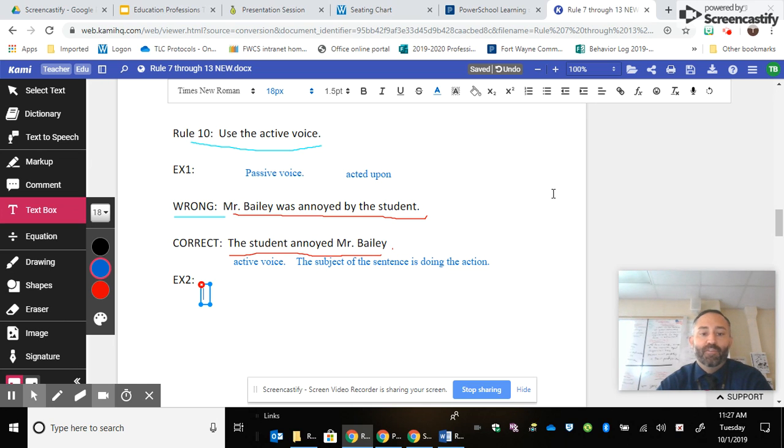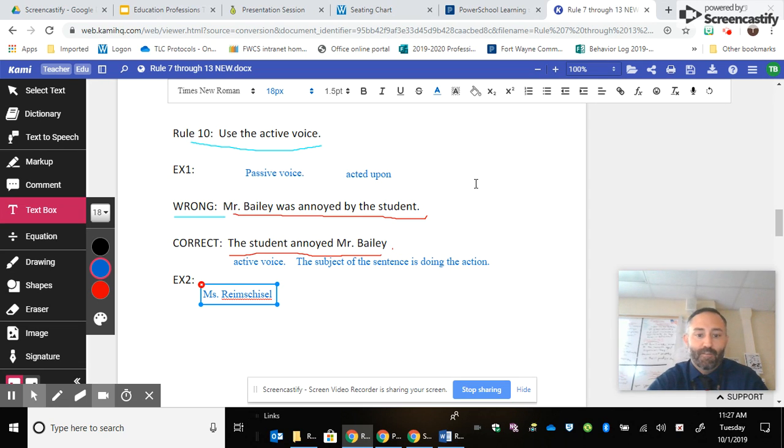So that brings us to your own example of a good sentence versus a bad sentence. I'll use something that happened the other day. Miss Rim Chisel was kissed by her future husband.